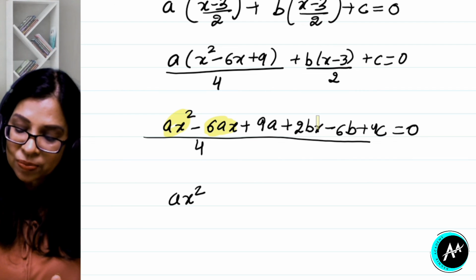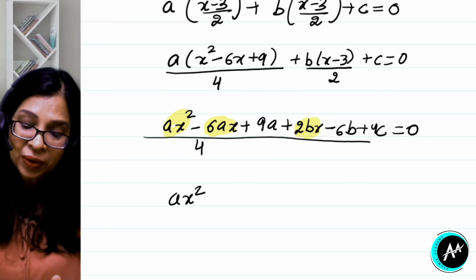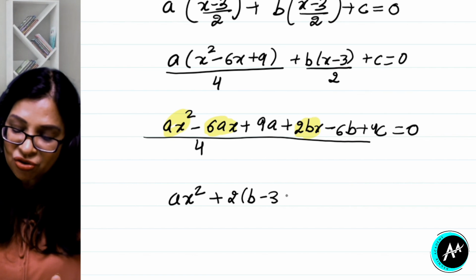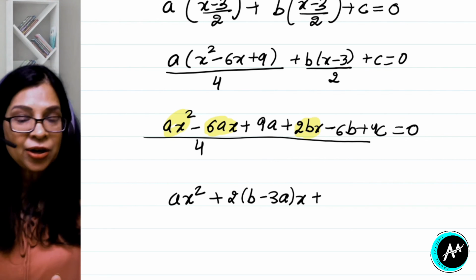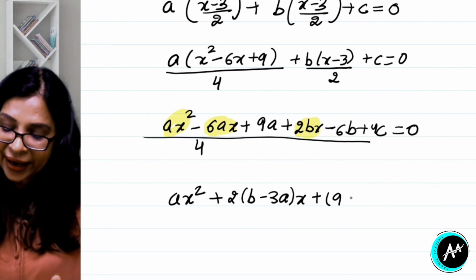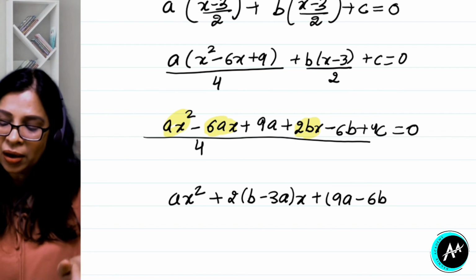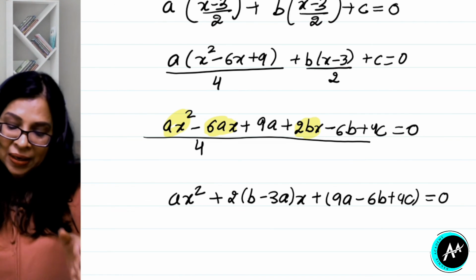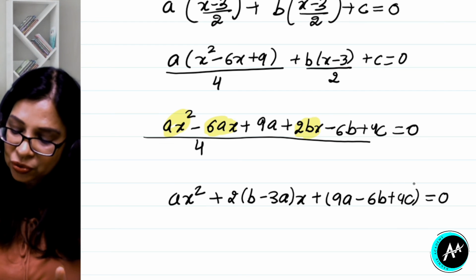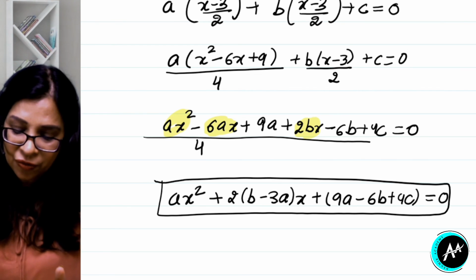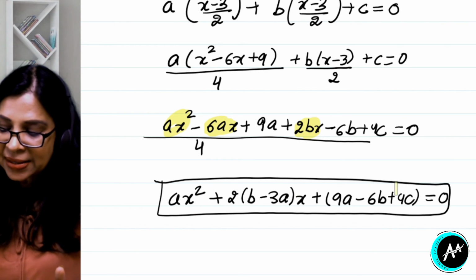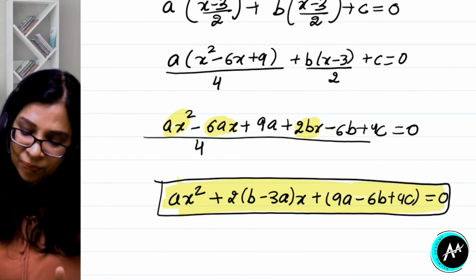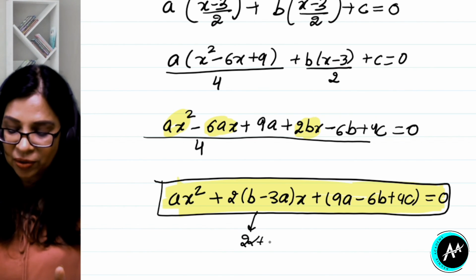These are the two terms involving x. What is common? You can see 2 is common. So I have 2 times (b minus 3a) into x. The remaining terms are the constants. So I have 9a minus 6b and plus 4c equal to 0. Alright, so this is the new equation. This is the transformed equation which we are getting, the equation whose roots are 2 alpha plus 3 and 2 beta plus 3.